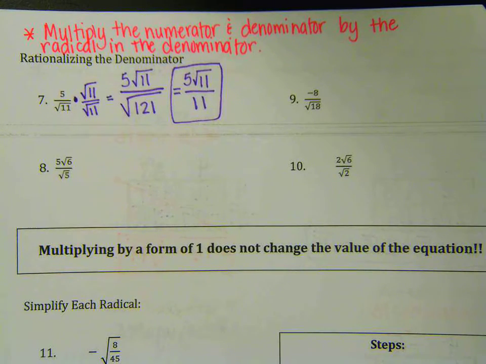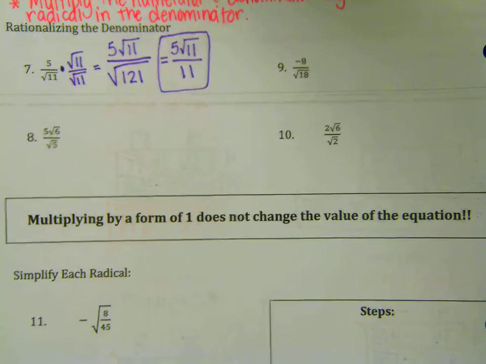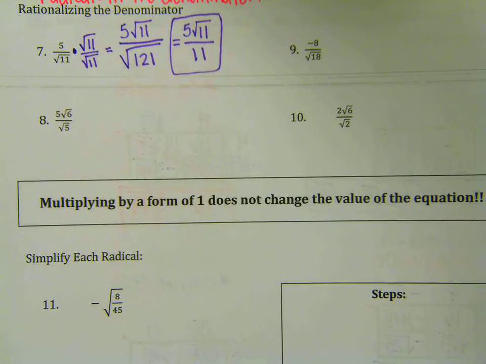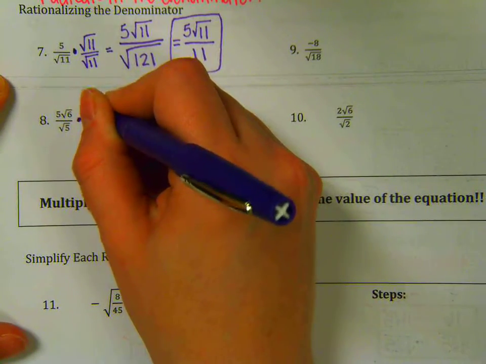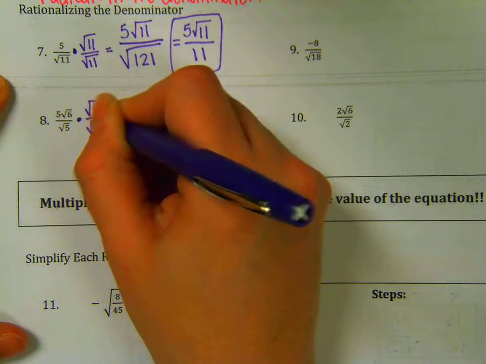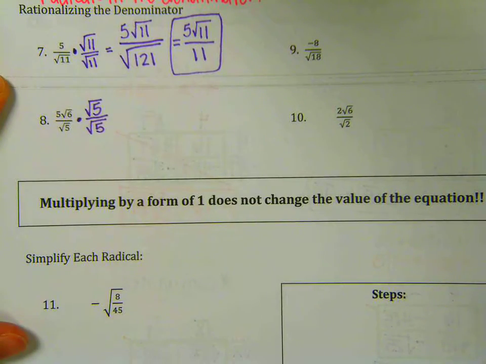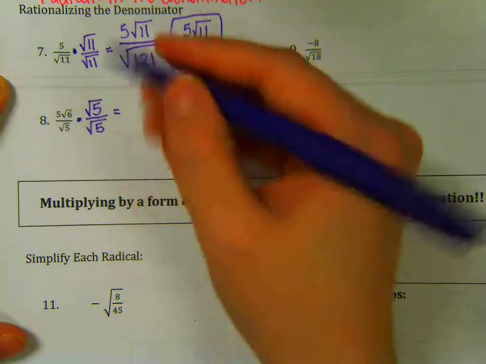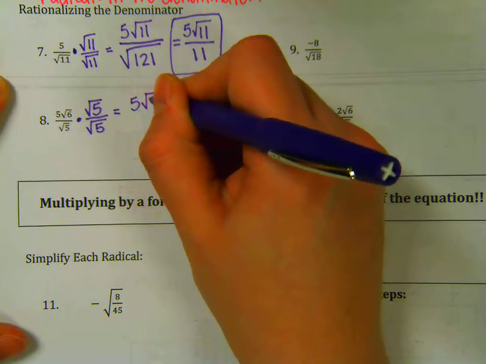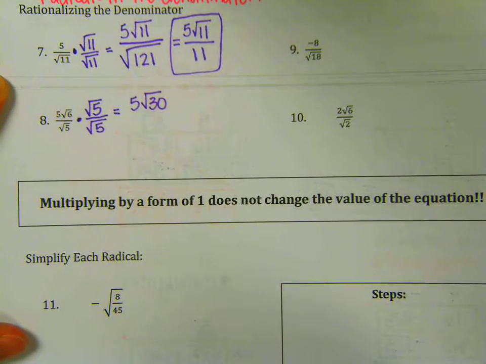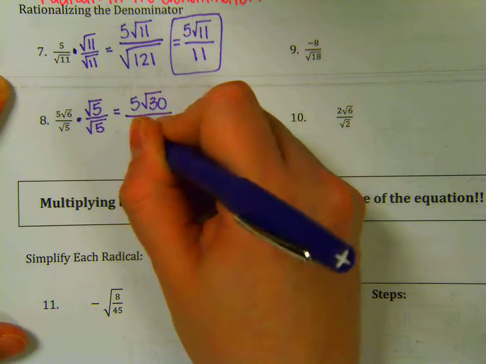Number 8 has an extra radical in the numerator. It's not really going to change anything. It's not going to make it much more complicated either. We just have to do the same thing we did in number 7. So in number 8, you're multiplying the top and the bottom, so numerator and denominator, by the square root of 5. So I'll get 5 square root of 30, because 5 times 6 is 30, over the square root of 25.